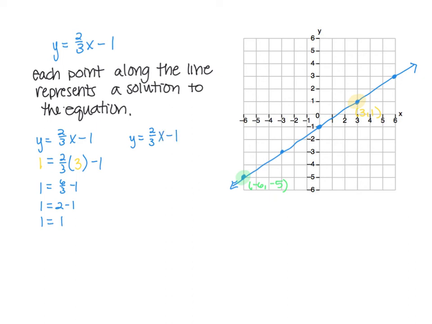And in place of y, I'm going to put what y equals, which is -5, equals 2/3 x, and in place of x, I'm going to put the -6, minus 1. And let's just verify that this works. I would get -5 equals -12 over 3 minus 1. -5 equals -4 minus 1. And -5 equals -5. That's a true statement.